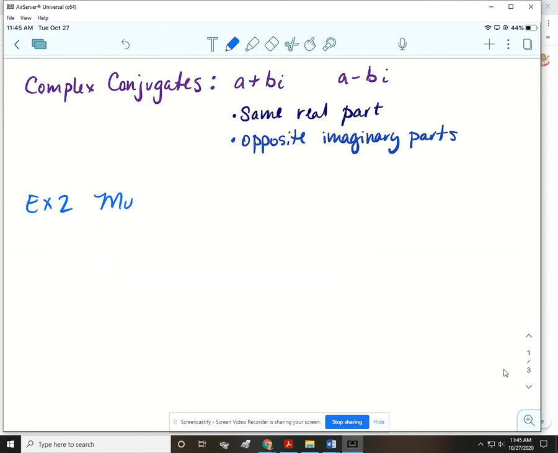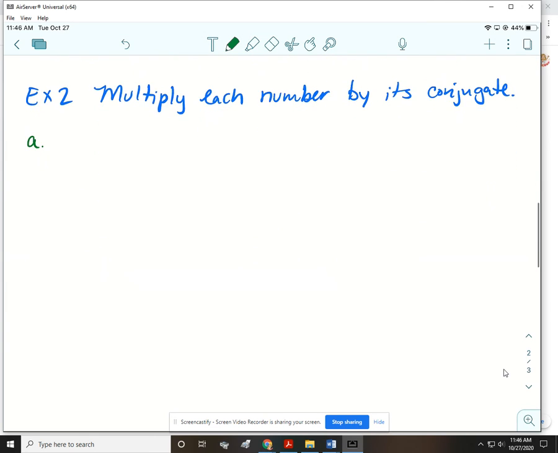We're going to multiply each number by its conjugate. All right, so on A, our original number is negative 1 minus the square root of 5i.